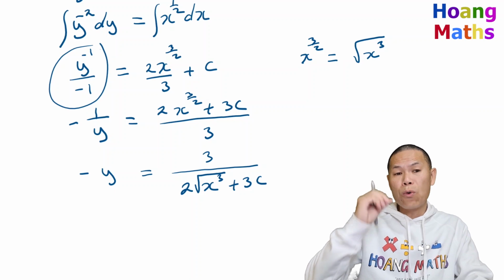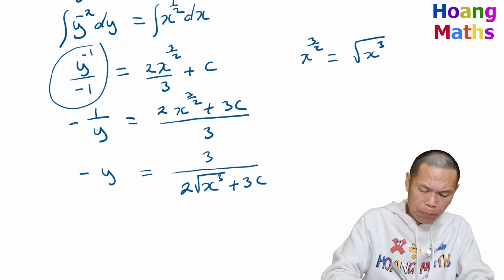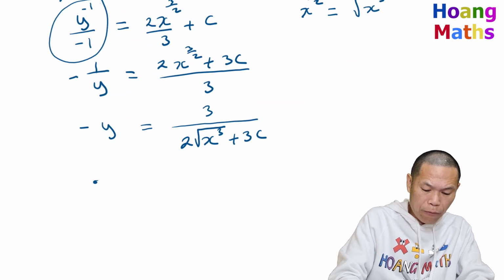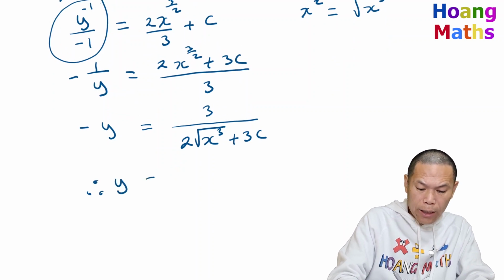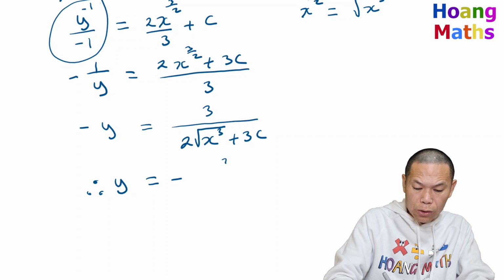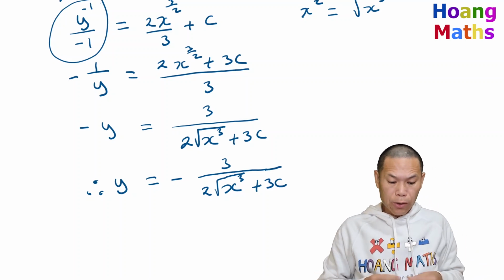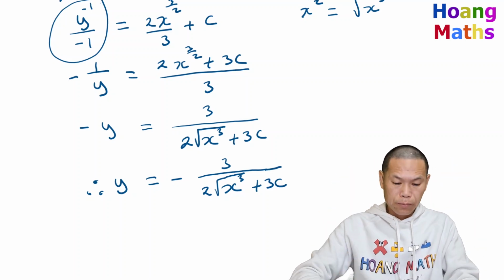So now we solve for y, we divide by negative 1. So therefore, y is negative 3 over 2, square root of x to the power of 3, and then we add 3c. So there you go.